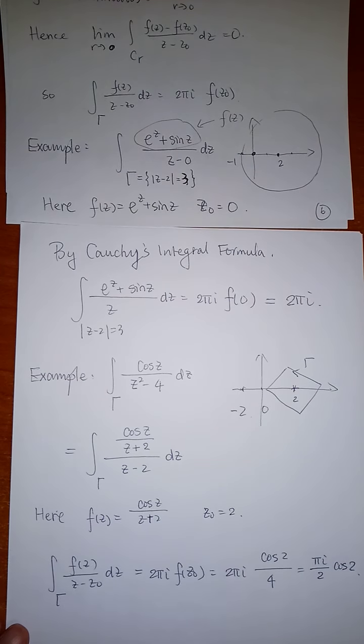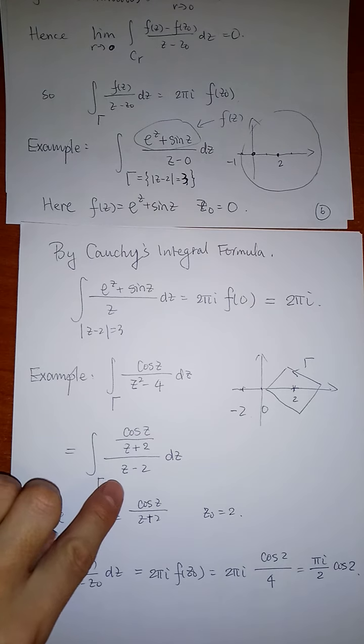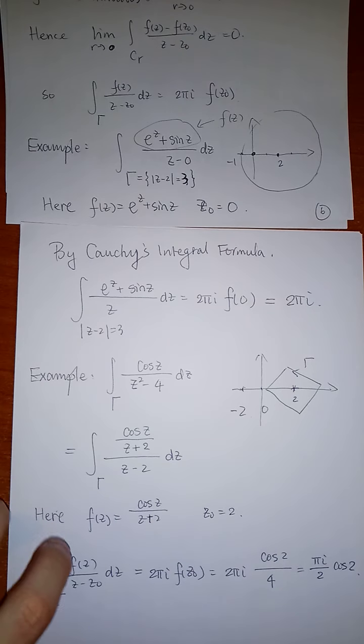So we only leave z minus z0 in the denominator if z0 is inside the closed contour. If it's not inside the closed contour, you can lift it to the f part.